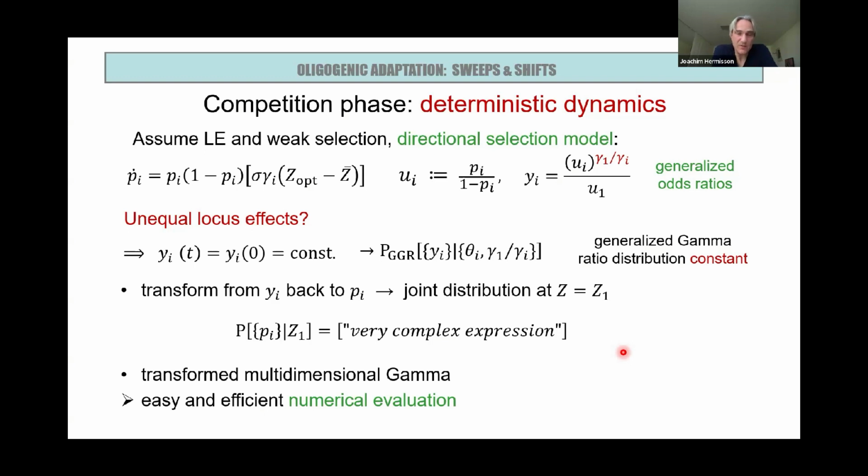So there are very efficient ways to do this. So we have good numerical handles to use this very complicated result.